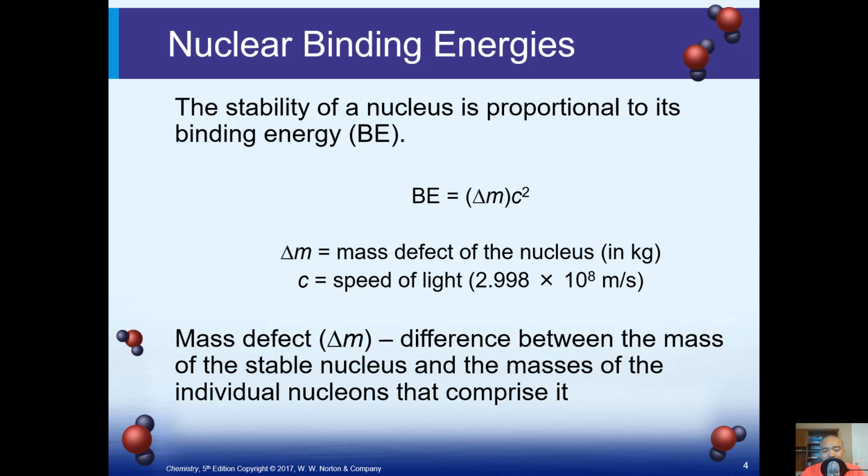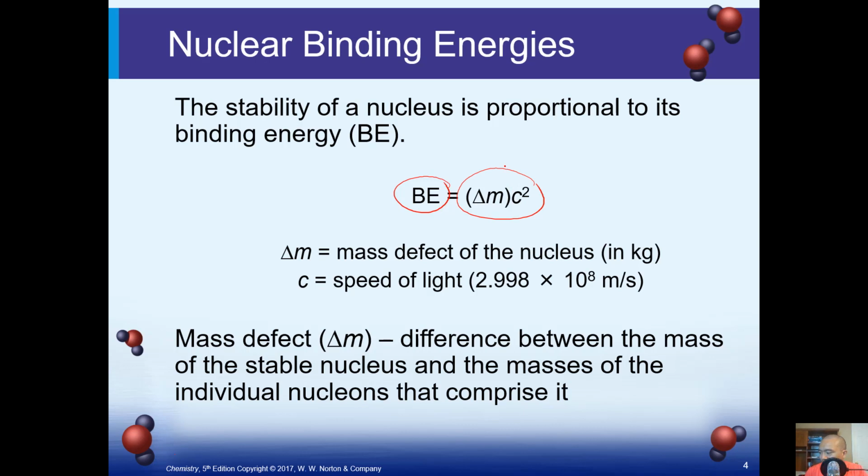Elements heavier than atomic number 26 were created as those stars collapsed and eventually exploded as supernovas. The energy released during these nuclear synthesis reactions represents the energy that holds the nucleus together and can be calculated from Einstein's equation: binding energy equals delta M times c squared.